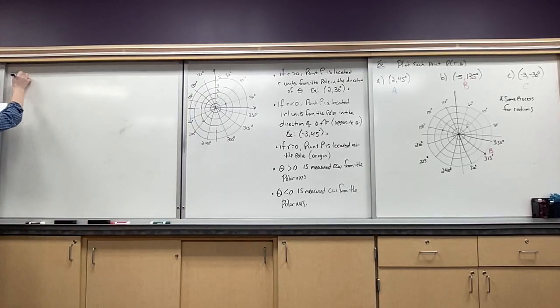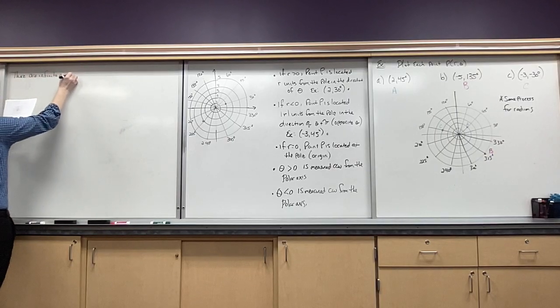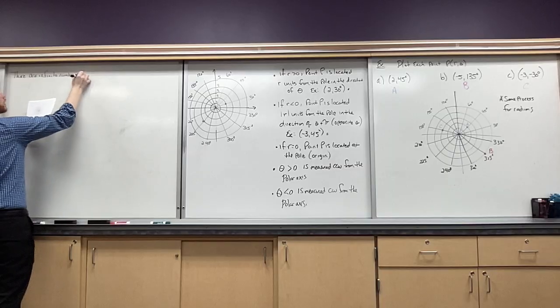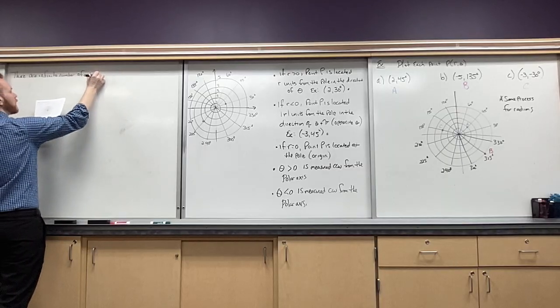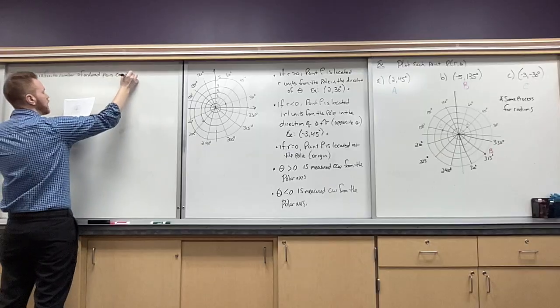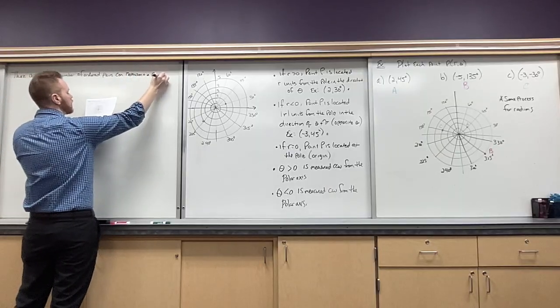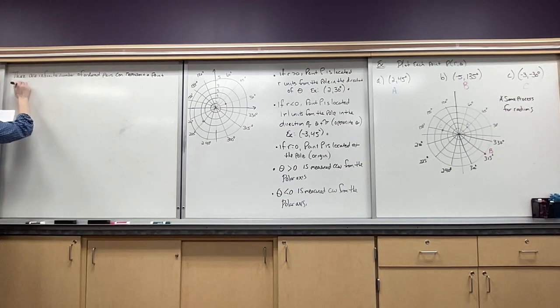Now I want to make a note here. There are an infinite number of ordered pairs that can represent a point in the plane. Let me give you an example.